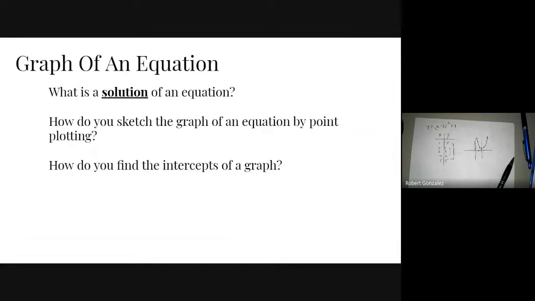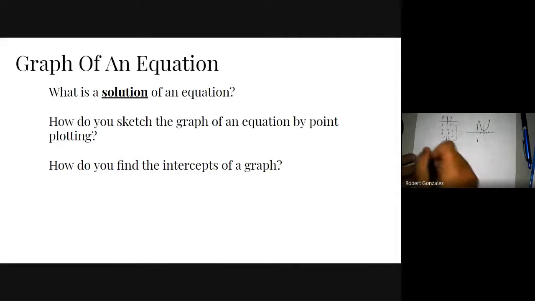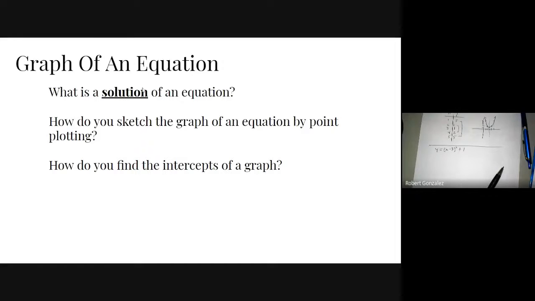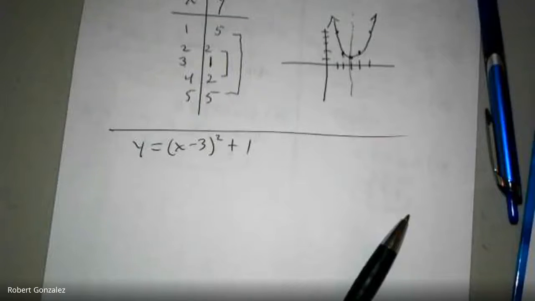Okay. How do you find the intercepts of a graph? So I have that graph earlier, y equals x minus 3 squared plus 1. Does anyone know how to find the intercepts of a graph like that? Okay, well, let's go over it.